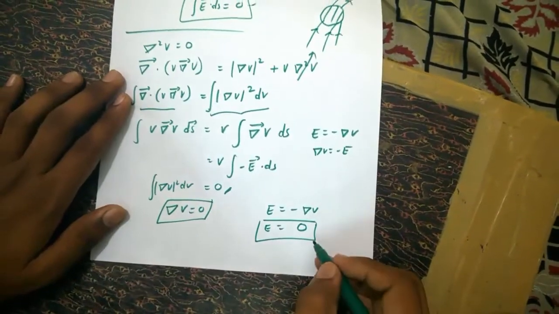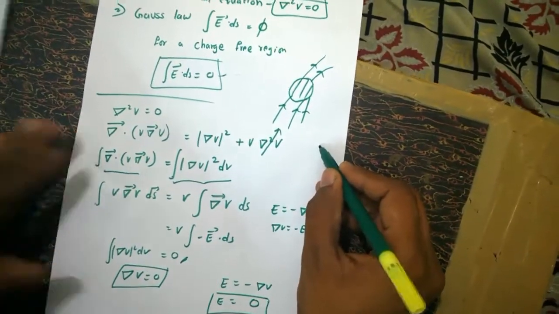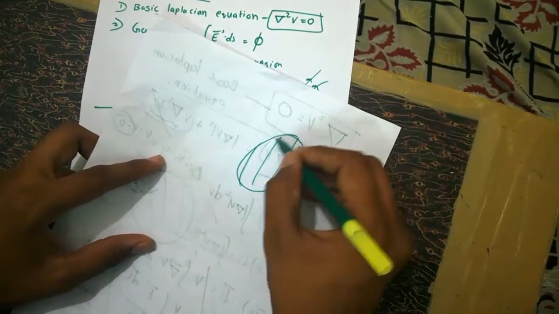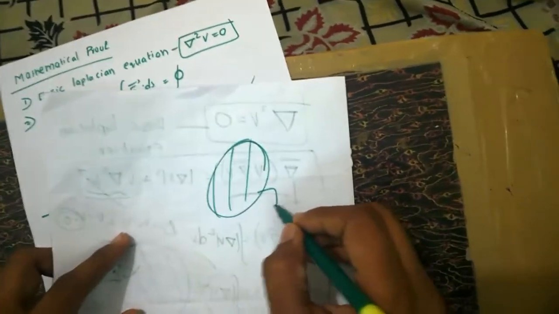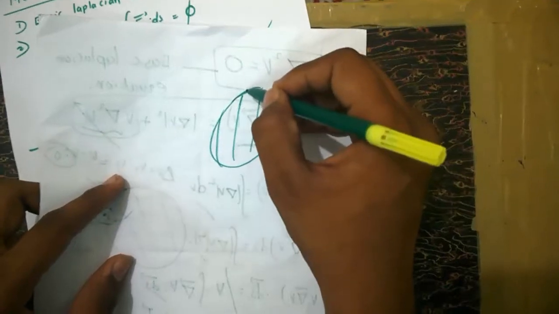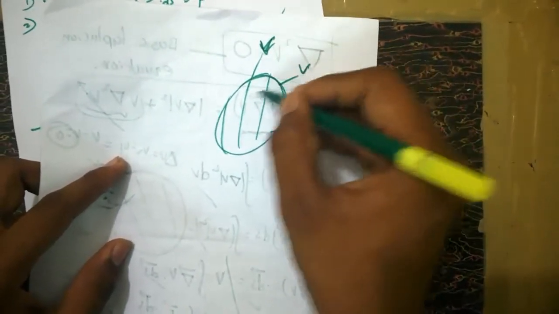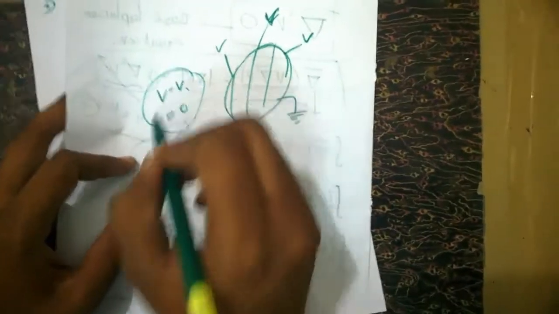That is, if we consider a volume upon which the surface is equipotential, that is, if we ground one of the sets and the potential is V everywhere, the potential difference will be V minus V, that is 0.